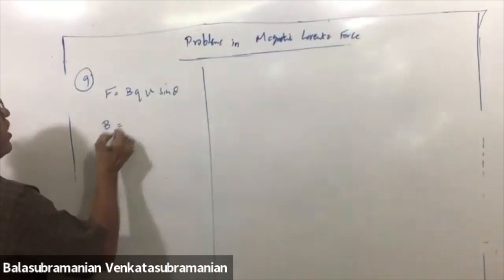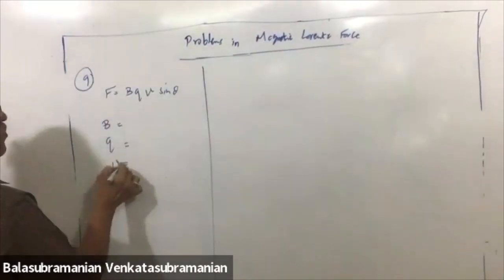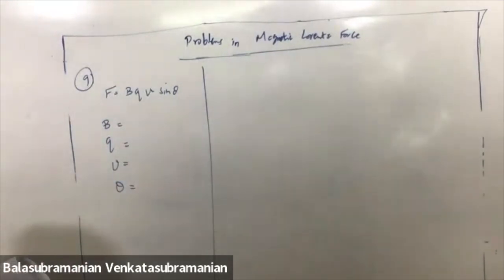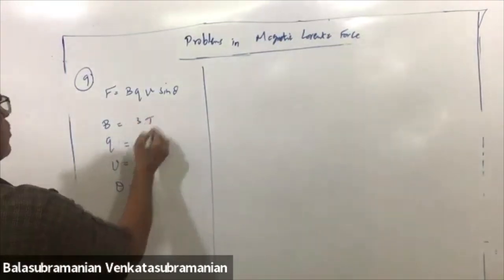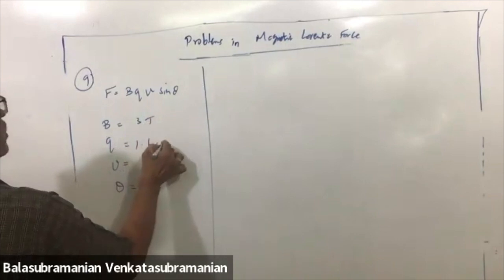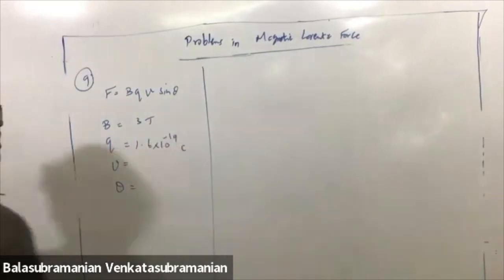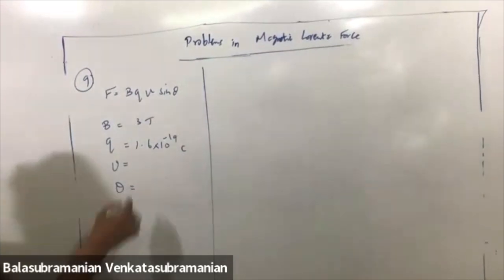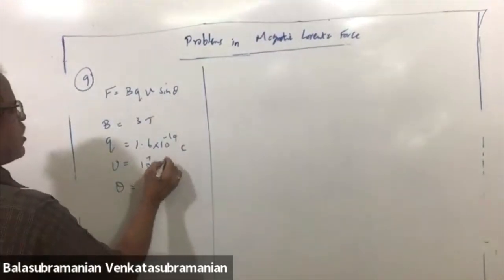B is 3 Tesla, charge 1.6 into 10 power minus 19 coulomb, velocity 10 power 7 meter per second.